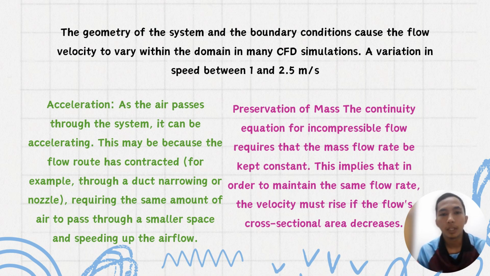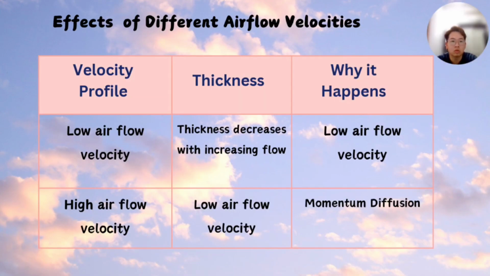By the mass continuity equation for incompressible flow, the mass flow rate must be kept constant. This implies that in order to maintain the same flow rate, the velocity must rise if the flow cross-section area decreases. So now I'm going to talk about the effects of different airflow velocities.